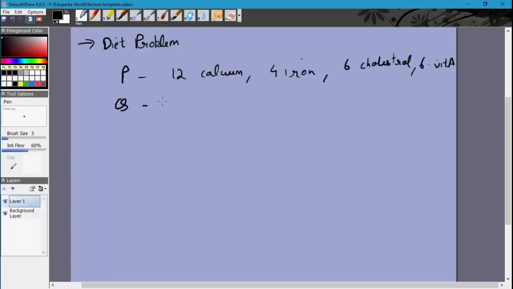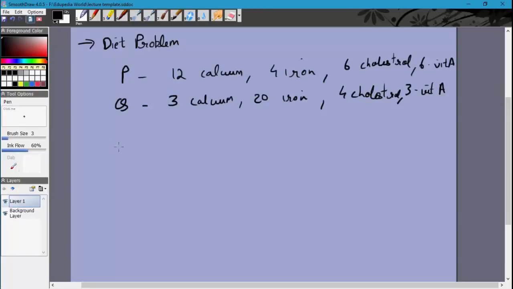Similarly, Q is given to have 3 units of calcium, 20 units of iron, 4 units of cholesterol, and 3 units of vitamin A. And we are given some constraints.